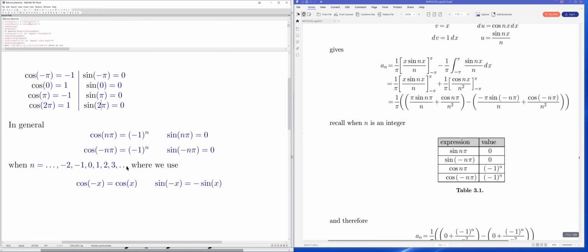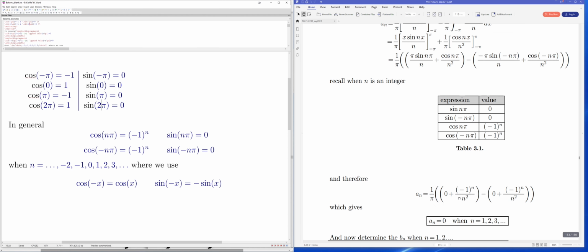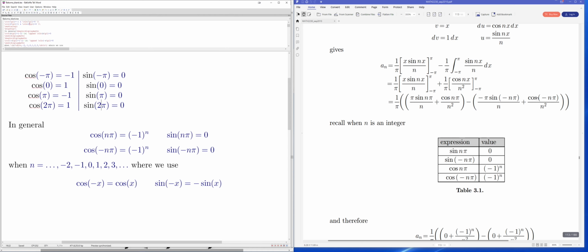So, we just saw, and it's also summarized in the notes here, that the sine terms are just going to drop to 0. So all I'm left with is just the cosine n pi on n squared, and this is minus 1 to the n on n squared. So that's this one over here. Okay, and this also is minus 1 to the n on n squared.